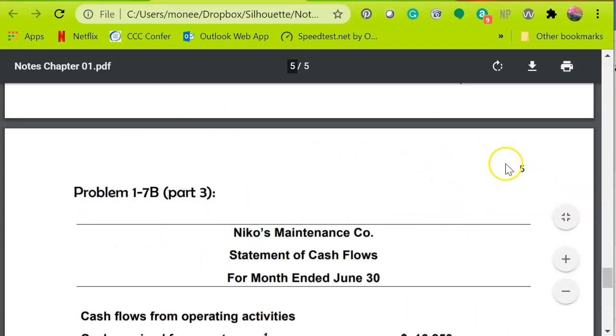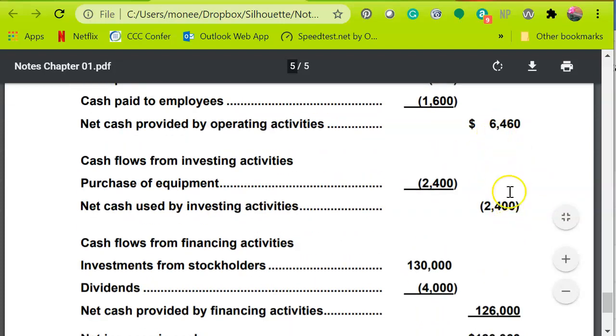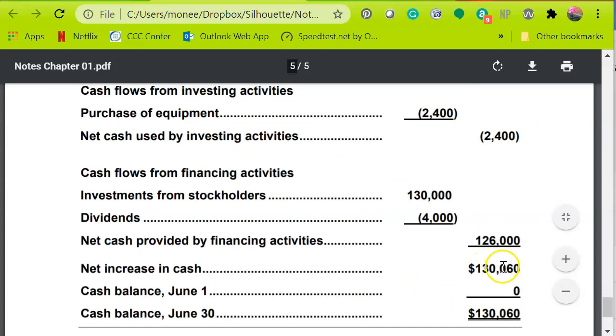In the second column, we have the net of these 3 categories. If you take your calculators out and add these numbers up, keep in mind one is a negative amount. The net of these 3 amounts is going to be the change in cash. At the beginning of June 1st, the balance was 0 because it was a brand new company.